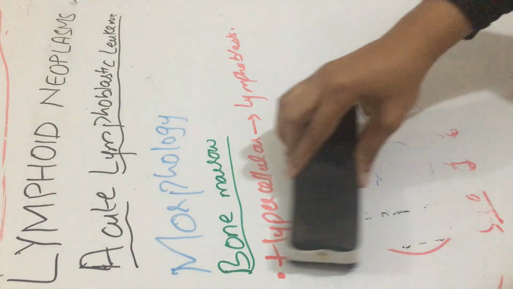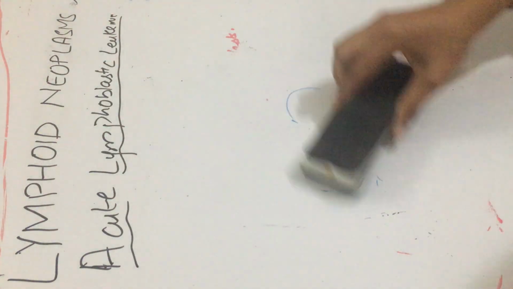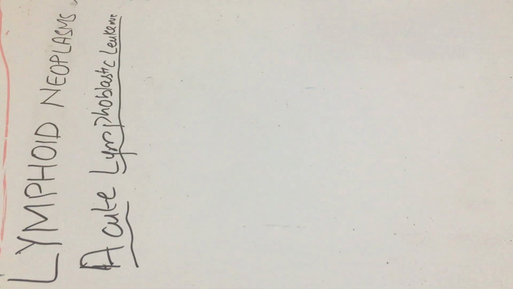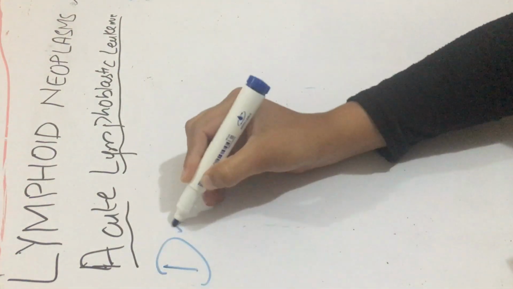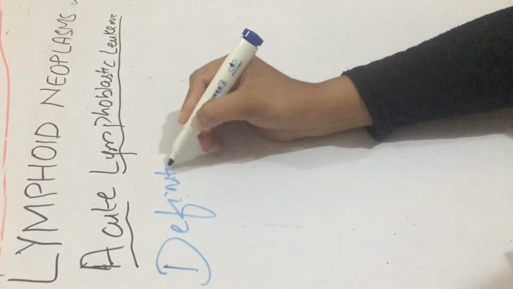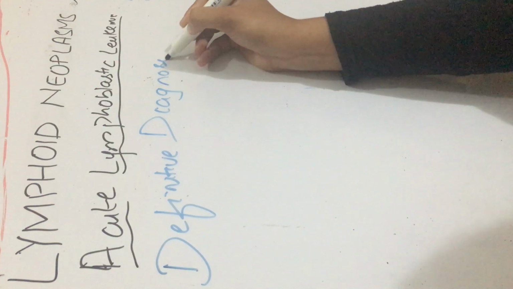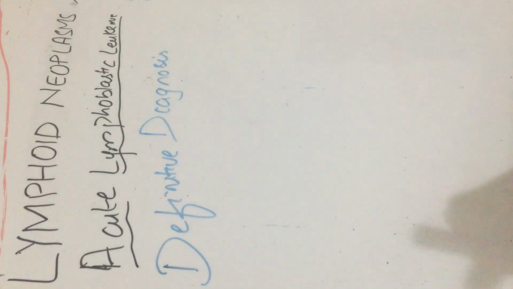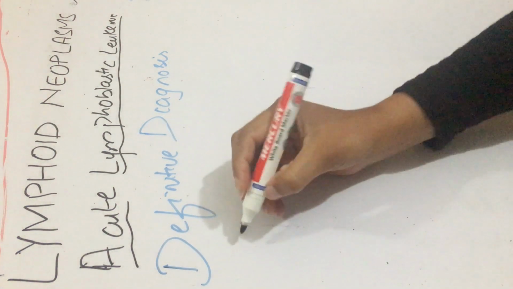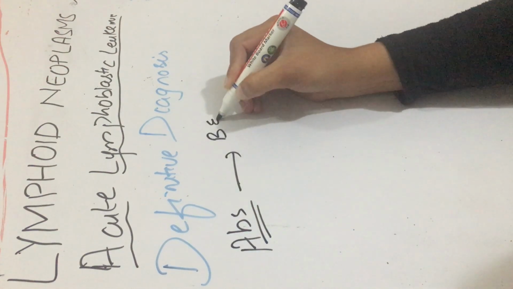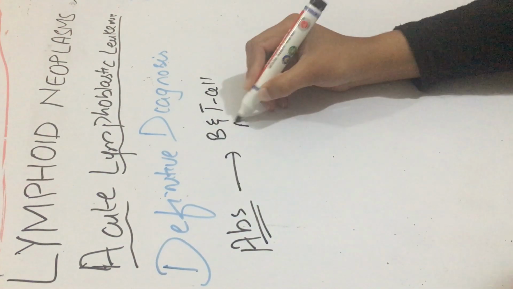This was the morphology. Now we discuss the diagnosis, how you will diagnose acute lymphoblastic leukemia. What is the definitive diagnosis? Different stains are available, and these stains contain antibodies which are specific for B and T cell antigens.